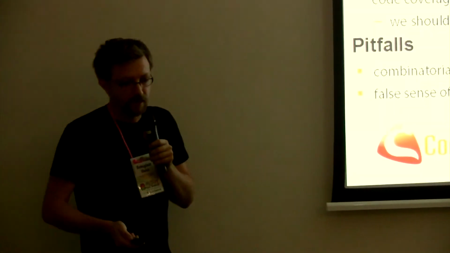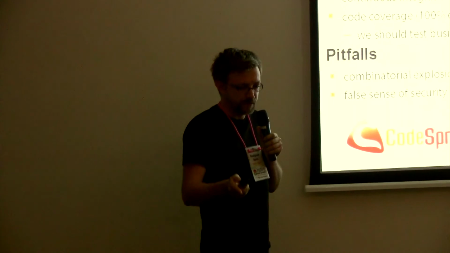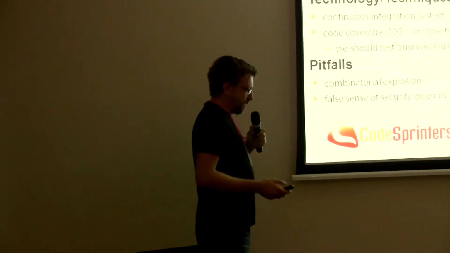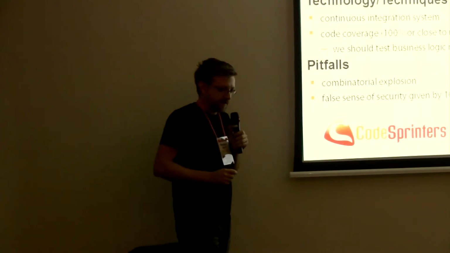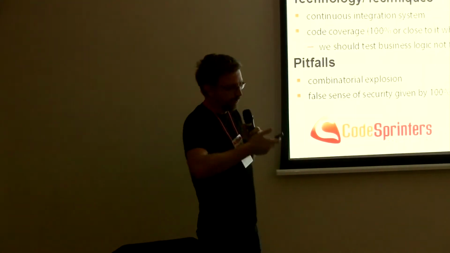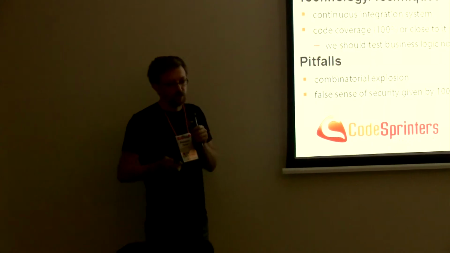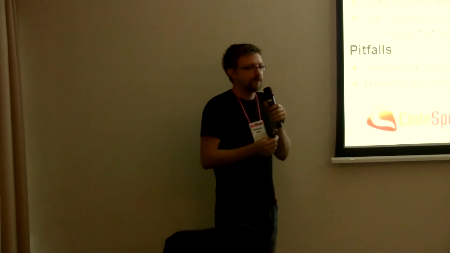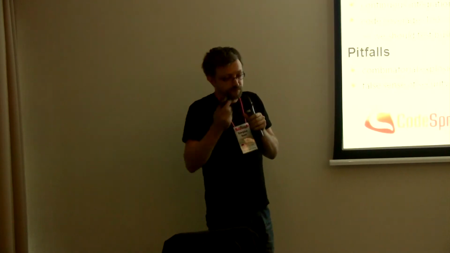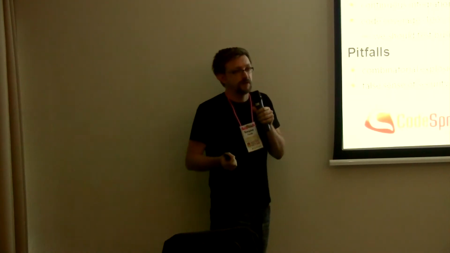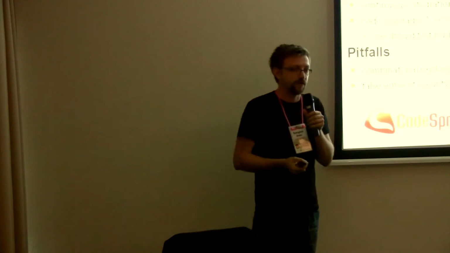Okay. So what are the pitfalls? I've already said about the multiple tests that are needed to cover all the features, the so-called combinatorial explosion, right? Whenever you want to cover all the branches, all the paths, there is this combinatorial explosion of possibilities that you need to cover.